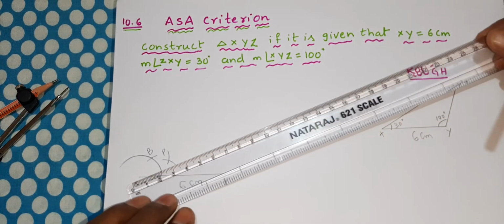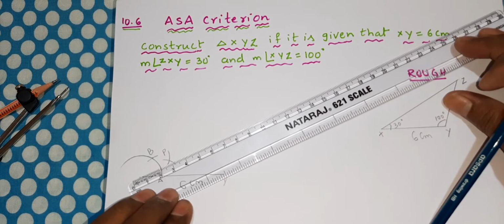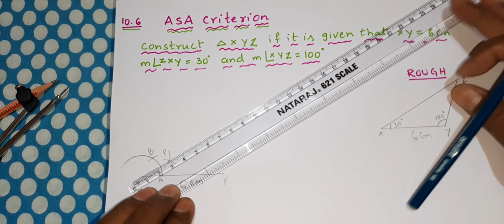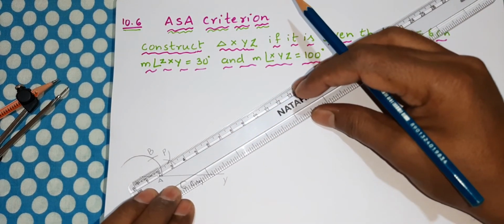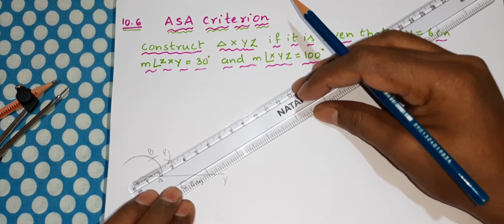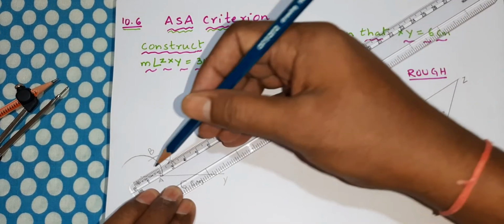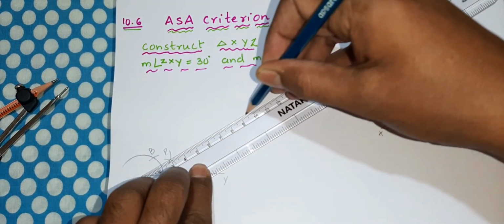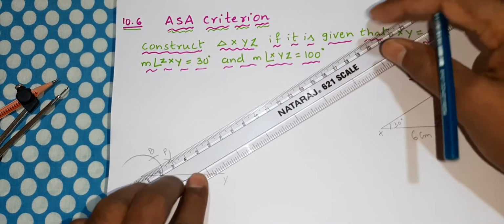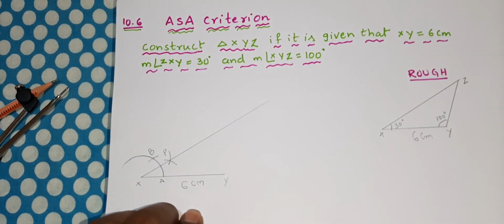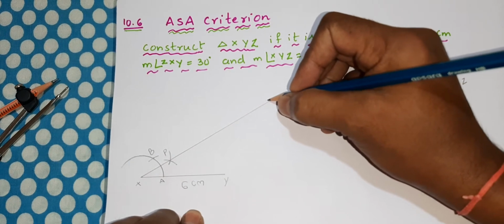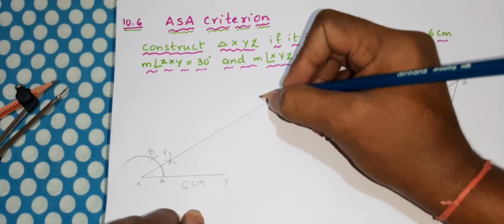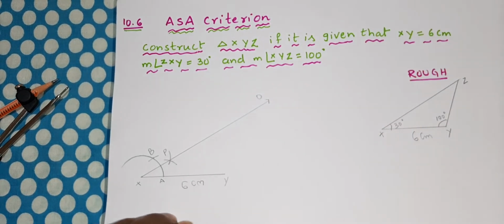Draw a ray from X. So now from X we are going to draw a ray which is passing through point P. Right, children? This is a ray. XP is a ray.